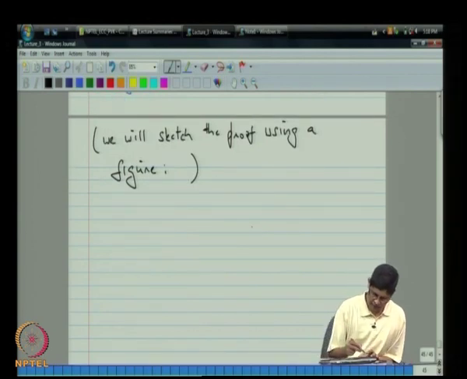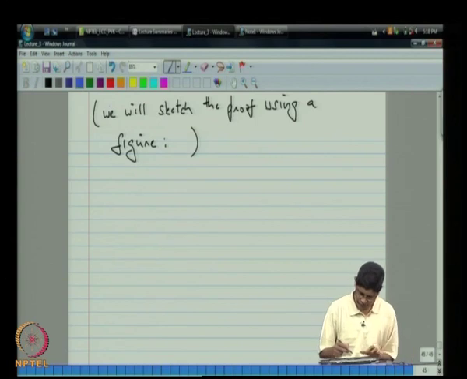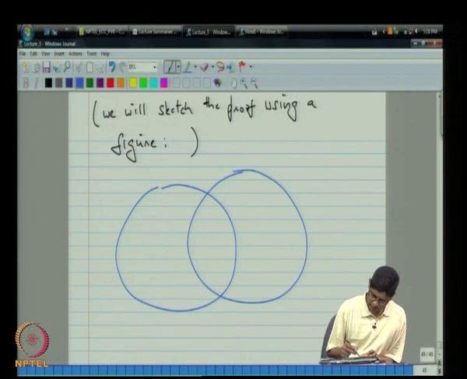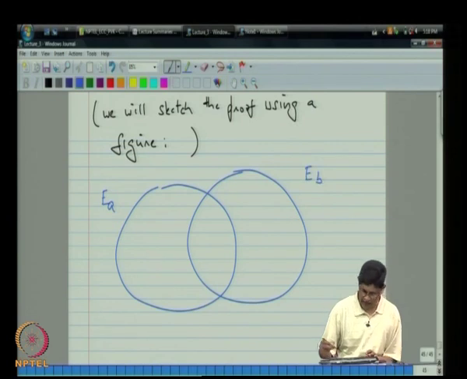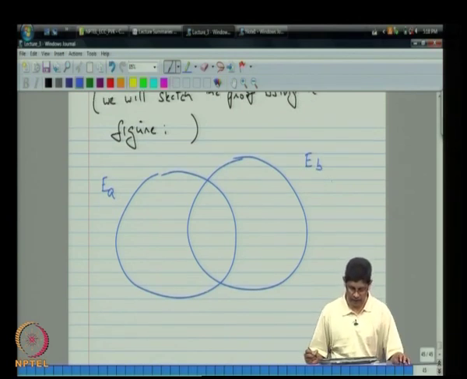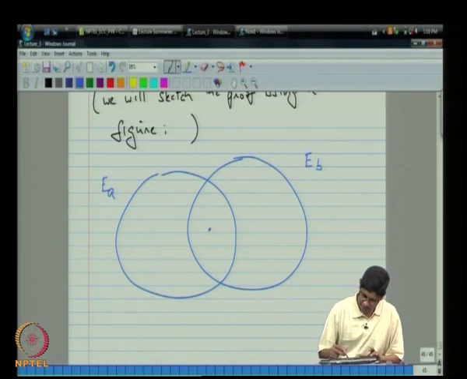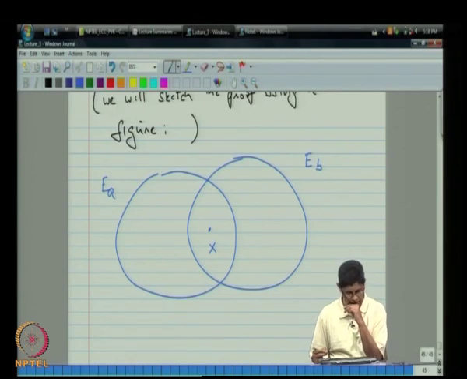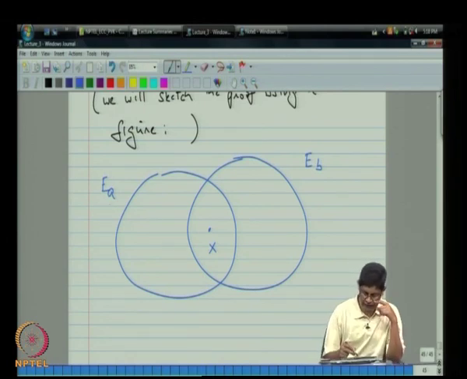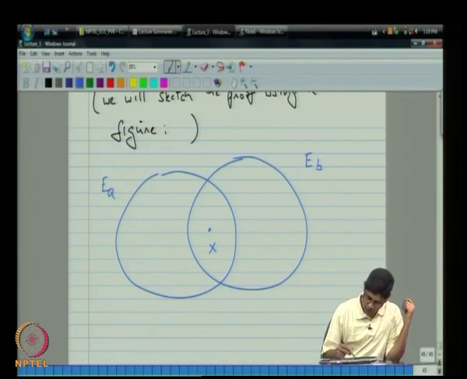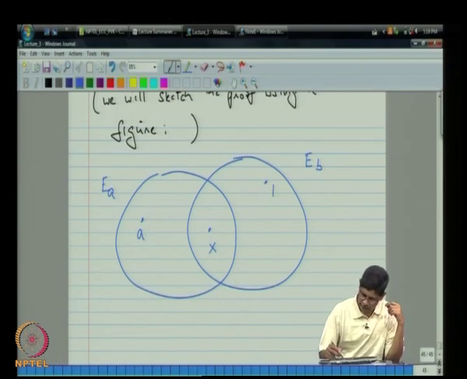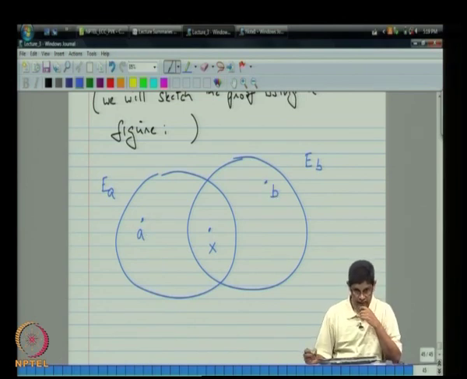And the figure is basically this. Let us say that suppose the situation was like this. Supposing there was an element x that belonged to both E_A and E_B. Now, this is the equivalence class of A. So, certainly by the reflexive property A belongs here, and we know that B belongs here. All right.